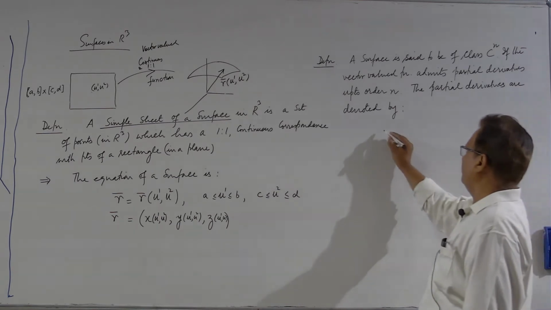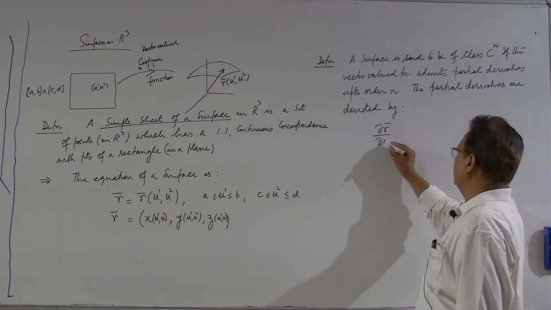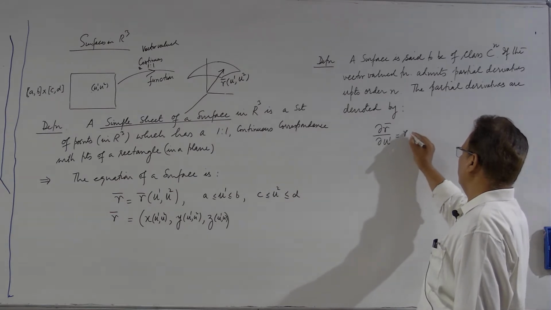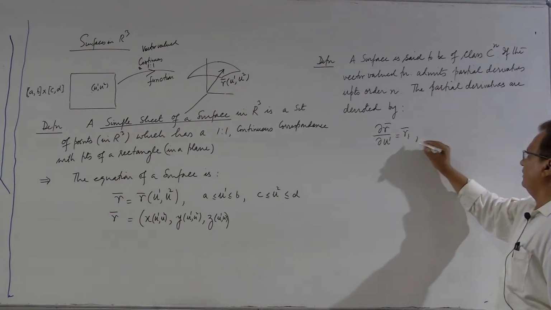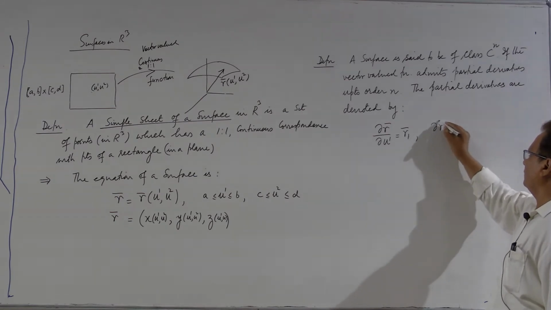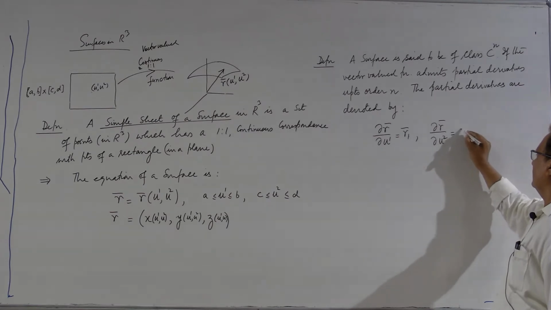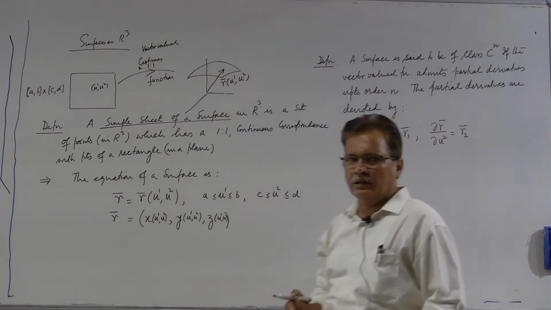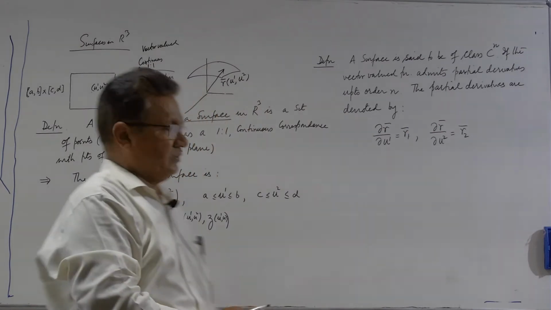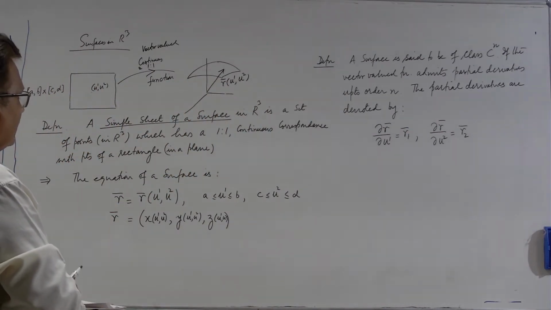If you partially differentiate r with respect to u1, the symbol will be r1. If you differentiate r with respect to the second parameter u2, you will denote this by r2. r1 and r2 are vectors themselves, and how they look, I will discuss a little later.